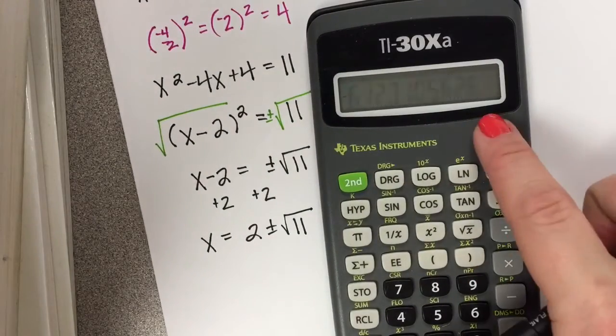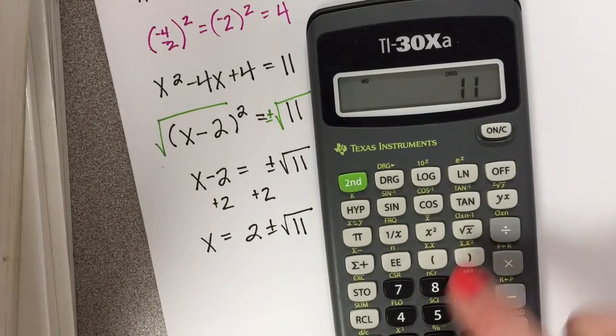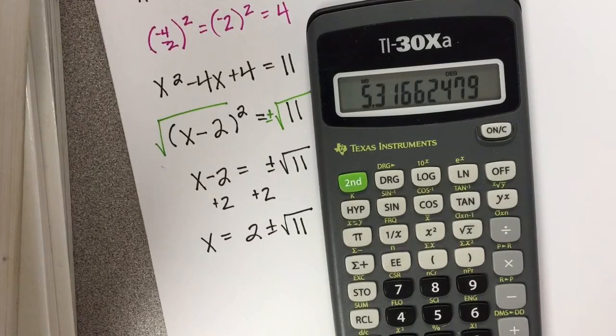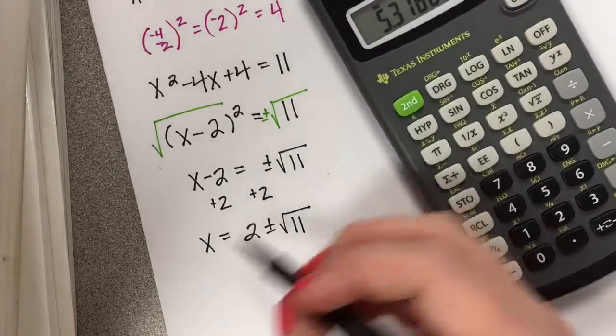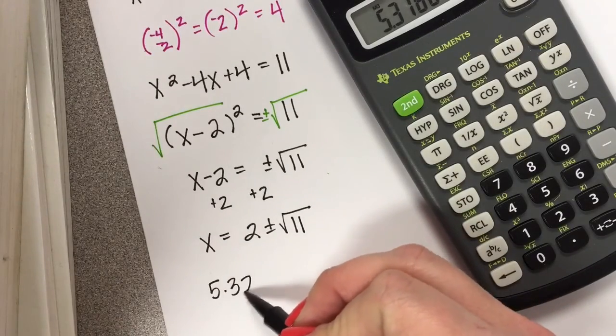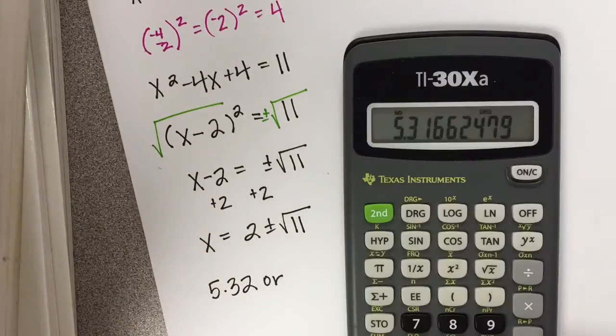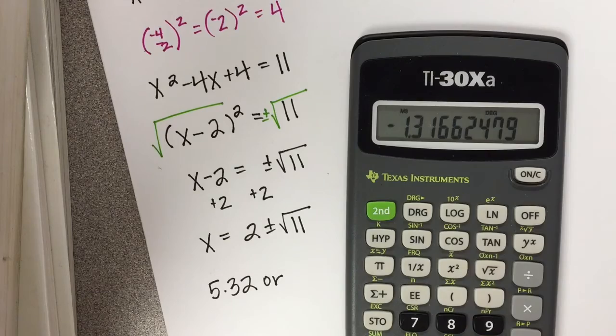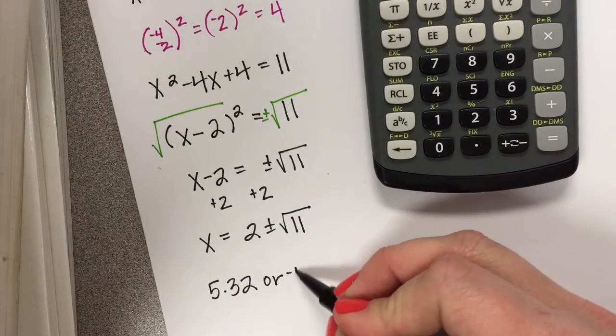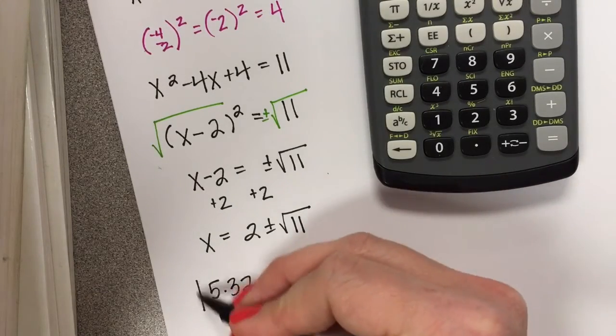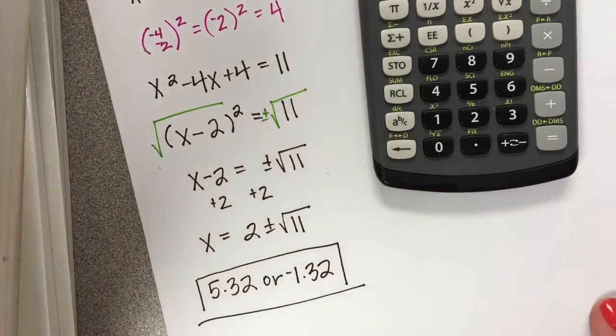So on my calculator, 2 plus the square root of 11 is 5.32. Or 2 minus the square root of 11 equals -1.32. And those would be my two solutions.